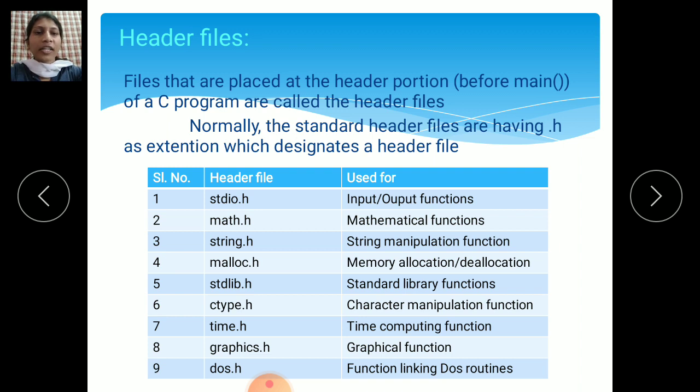Then ctype.h means character manipulation functions. Time.h, if you are using time computation functions. Graphics.h, if you are using graphical functions, write graphics.h. dos.h means functions linking DOS routines. These are the header files.